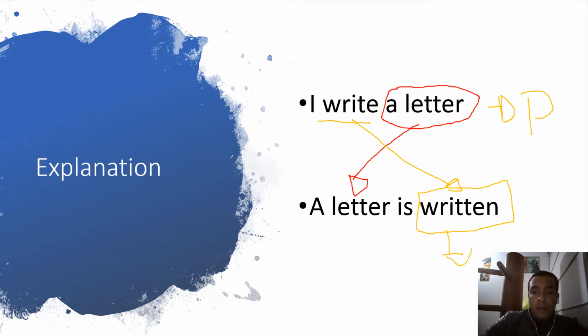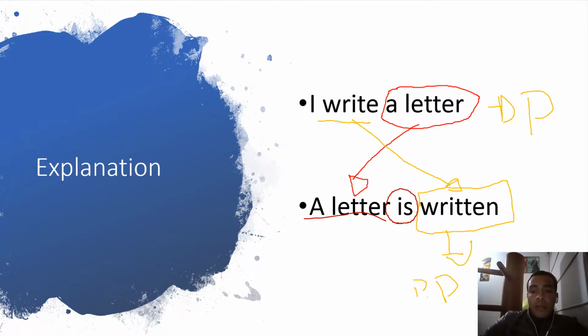Okay, so it's going to be the past participle, right? And now we are always going to use a verb to be when we use the passive voice. So, "a letter," this is present tense, so "a letter is," because a letter is singular, so "is written."